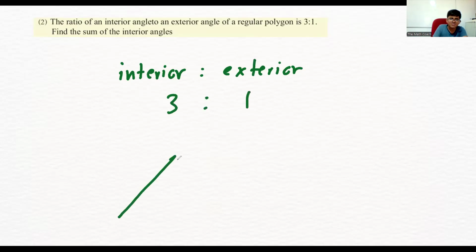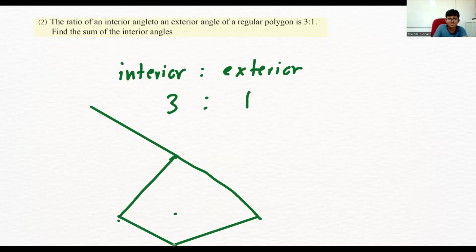So I will construct an exterior angle here. This is a polygon, a mystery polygon. I just draw a question mark here because it's a mystery.